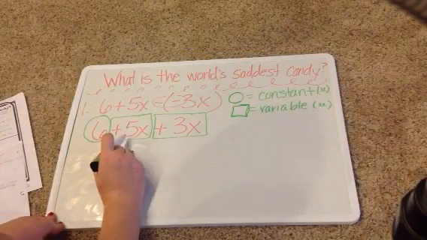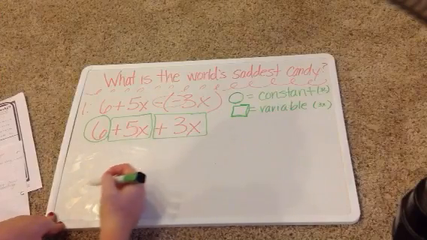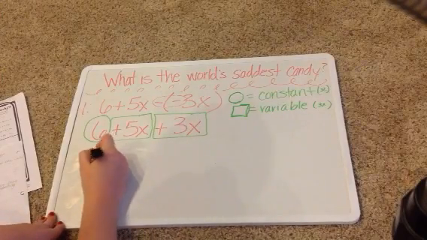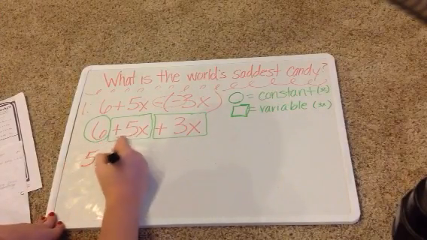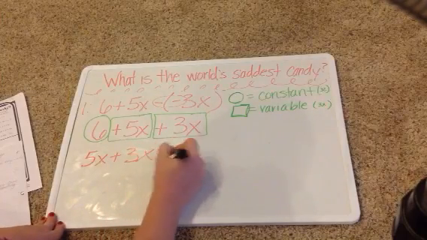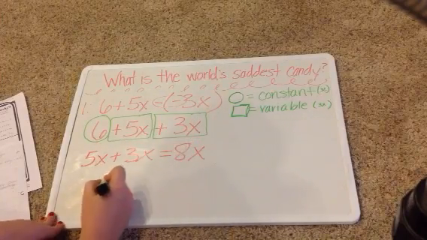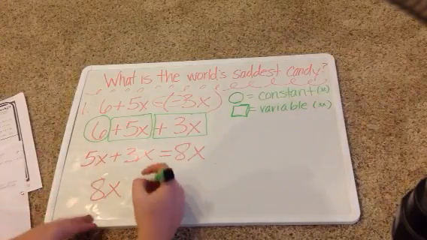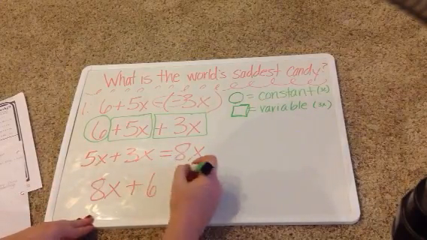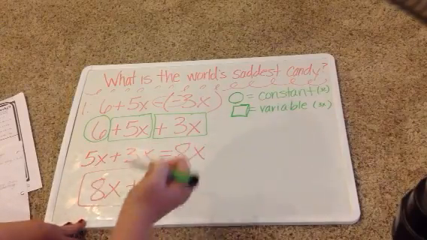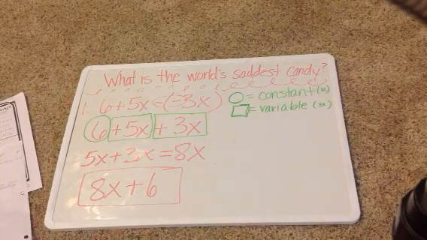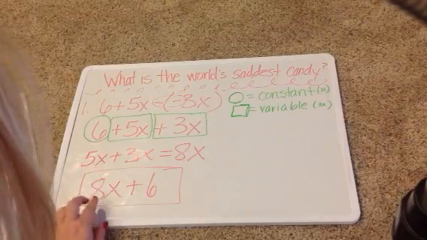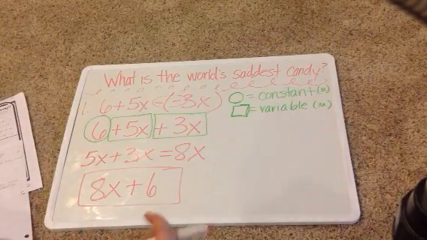So we have a 5x plus 3x, which we need to write out first, which would equal an 8x. So we have our first part of our expression. And we just have a 6, so we know it's going to be a plus 6. So we combine those x's and got our 8x plus 6.